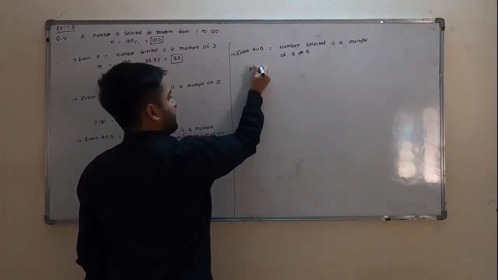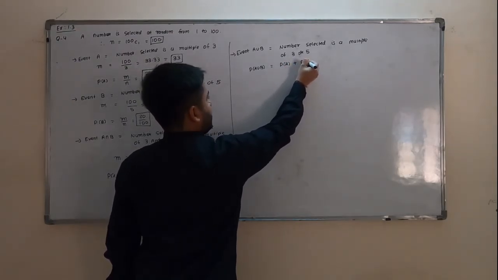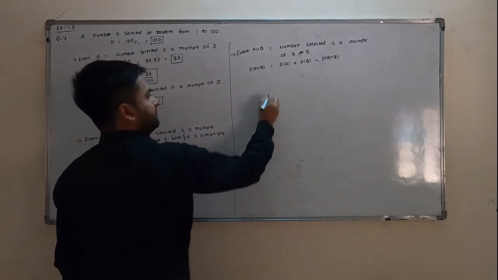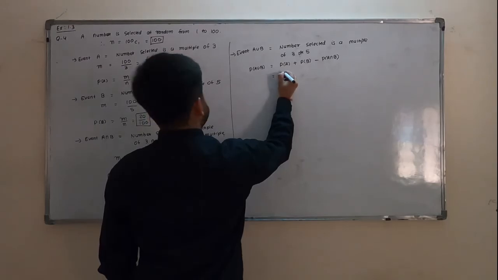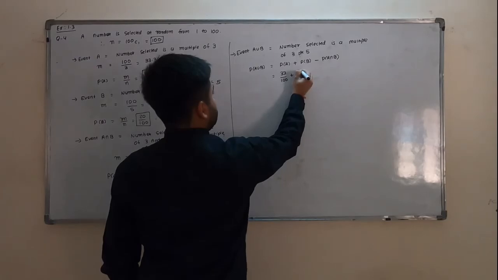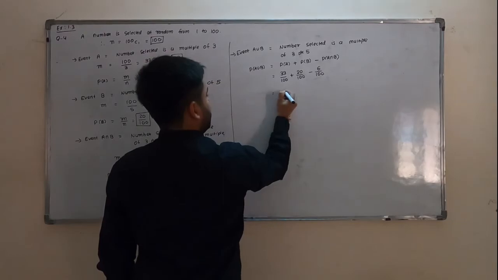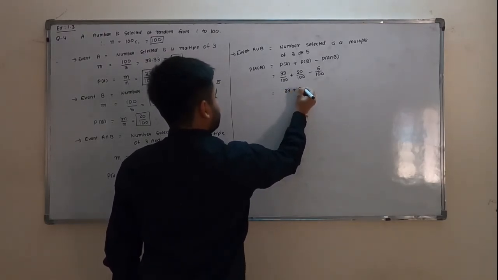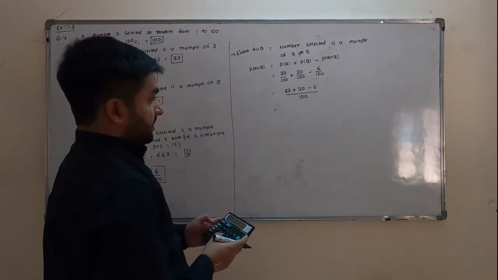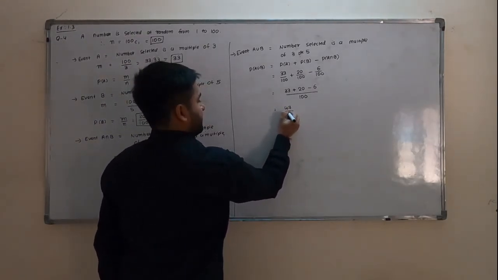For that, use the formula P of A union B is equals to P of A plus P of B minus P of A intersection B, where P of A is 33 upon 100, P of B is 20 upon 100, and intersection is 6 upon 100. So 33 plus 20 minus 6 upon 100. 33 plus 20 minus 6 is 47 by 100.